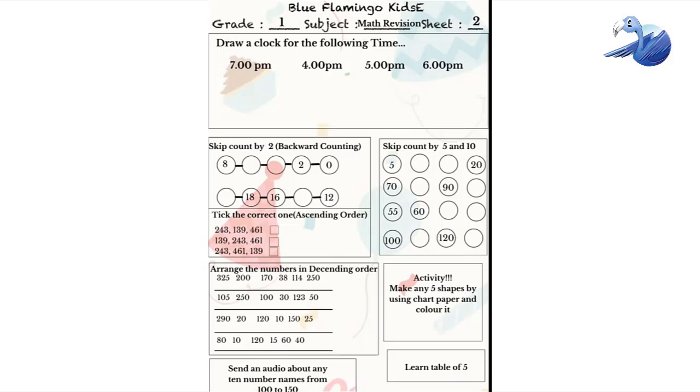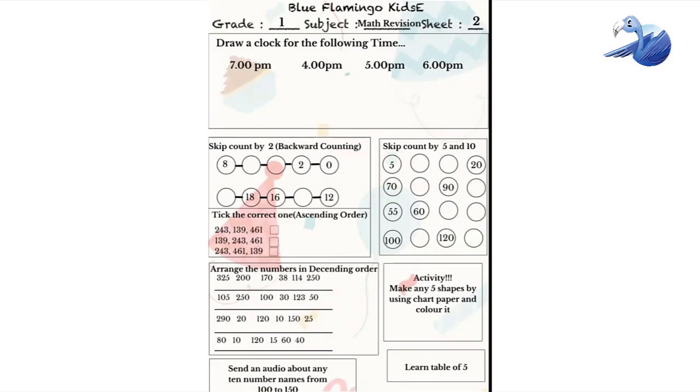Next row, firstly we find the biggest number in this row. 250 is the biggest number, so we write down 250, then 123, 105, 100, 30 and 15.